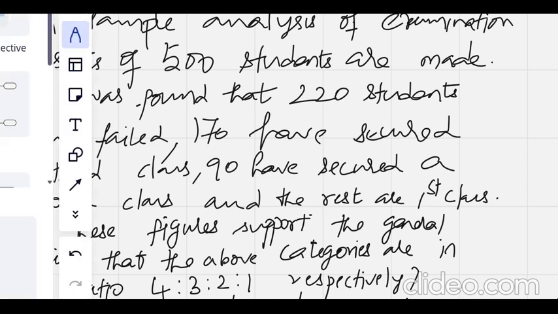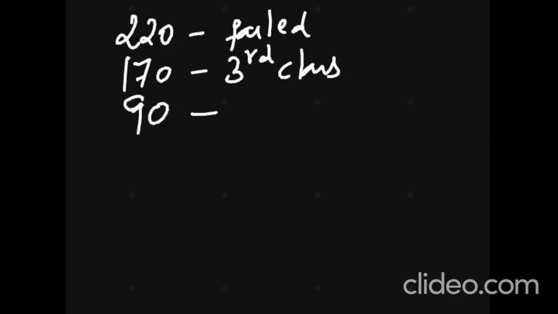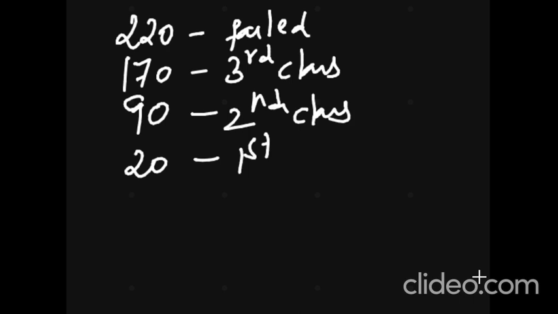So here totally 500 students are here and 220 are failed, and 170 have secured a third class, 90 have secured a second class, and remaining 20 have secured the first class.